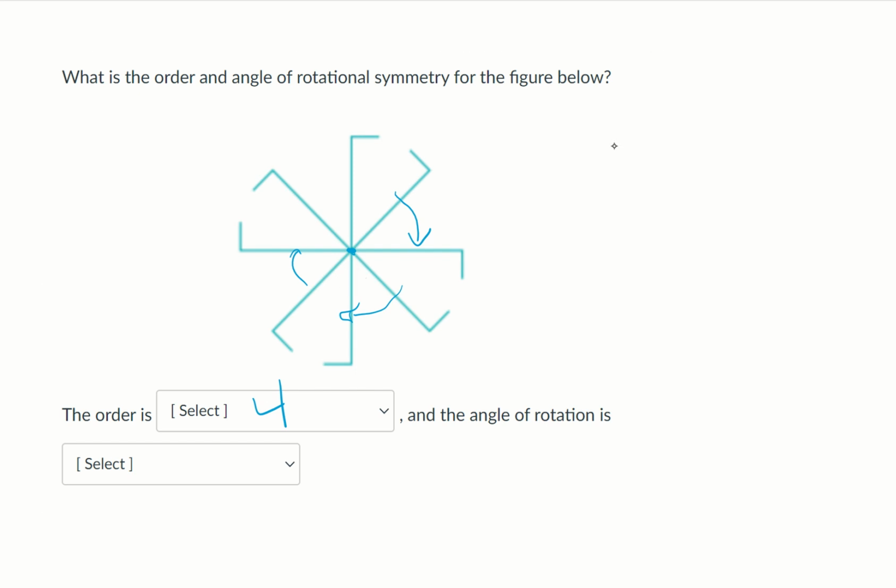If I were to take this point right here, the tip of the fan blade, and rotate it to the tip of the next fan blade, that's a full 90-degree rotation. Notice that's a right angle.